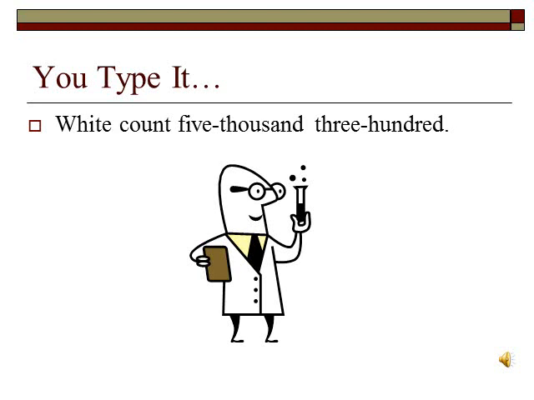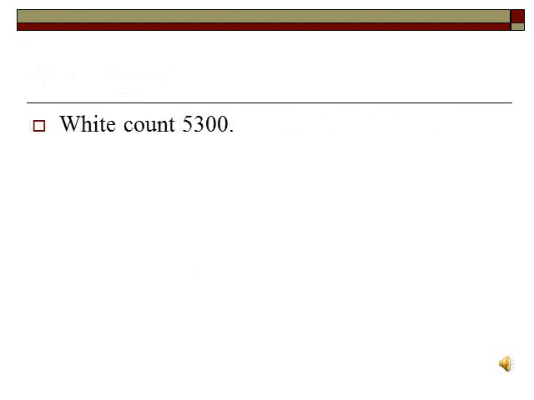Here's our next you-type-it sentence. White count 5,300. How are you going to transcribe that? White count 5300. No commas. I think we talked about this in our comma unit, but remember that we're only going to use a comma with 5 or more digits. So in this case, there's only 4, no comma after the 5.